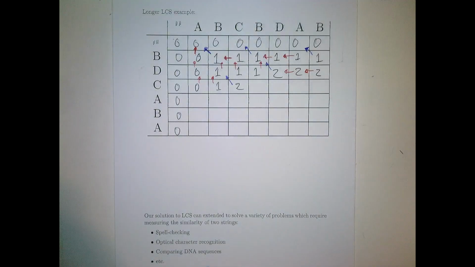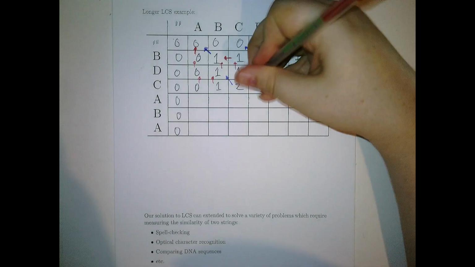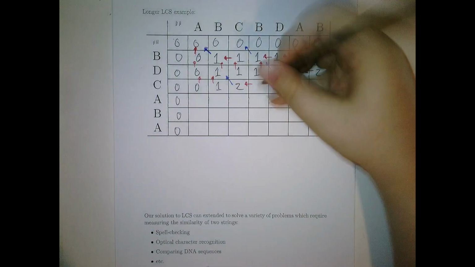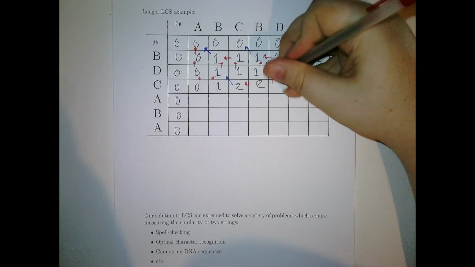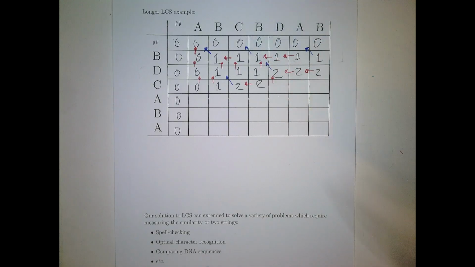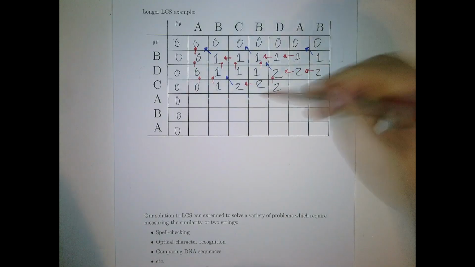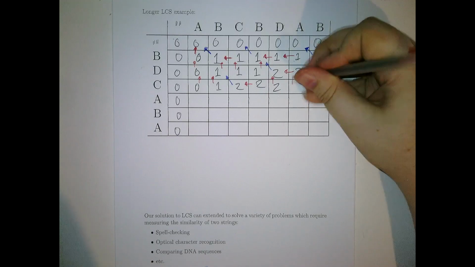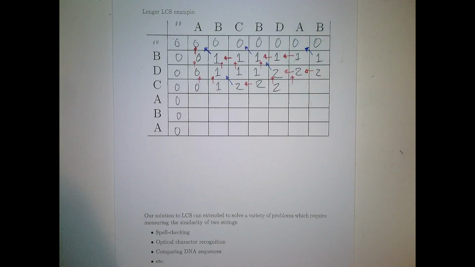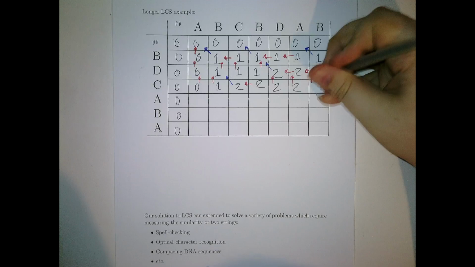C versus B, not a match, so we'll take the max, which will be 2. C versus D, not a match, we'll take the max. In this case, again arbitrarily breaking ties, we'll take the top number. C versus A, not a match, and these guys are again the same, so we'll take the top number. And C versus B, not a match, so we'll take the top number.